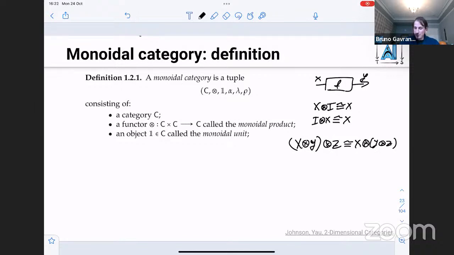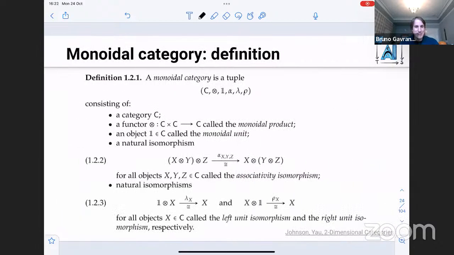And if this made sense to you so far, you're on your way to actually understanding what a monoidal category is, because the two points that I introduced here are something called an associator and the left and the right uniter. So this is reminiscent of things in high school algebra where you want things to be associative, or multiplying things by 1 gives you the same thing. Now in category theory, we don't say they're the same, we keep tracking them using isomorphism.